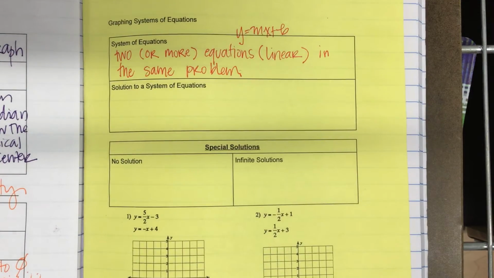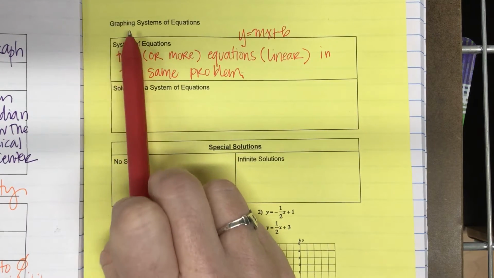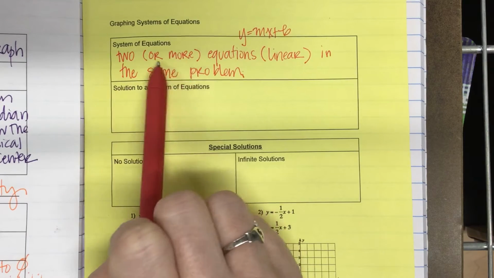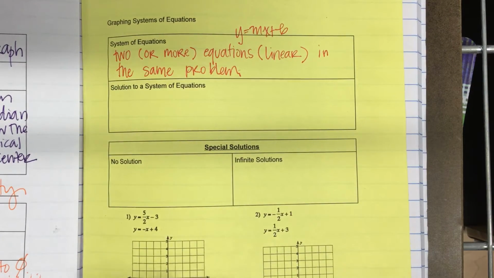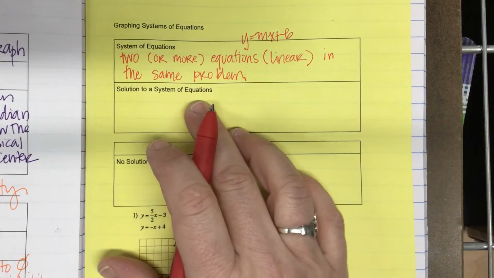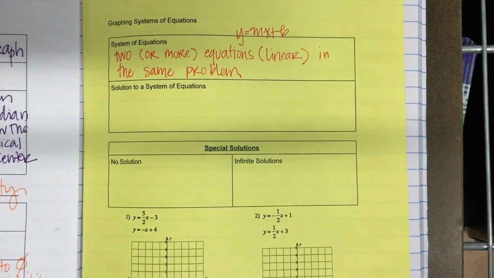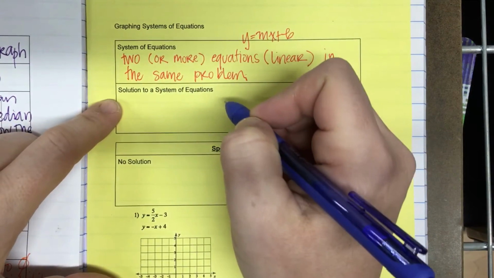And so we are going to today solve these by graphing. So we're going to be graphing two, not more, today, but two equations on the same graph. And so a solution to a system of equations is going to be the ordered pair, right? Because it's going to be on a graph.